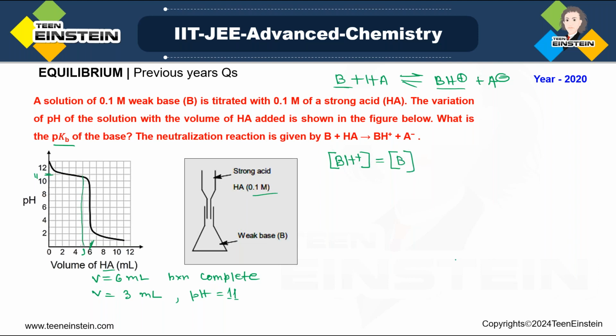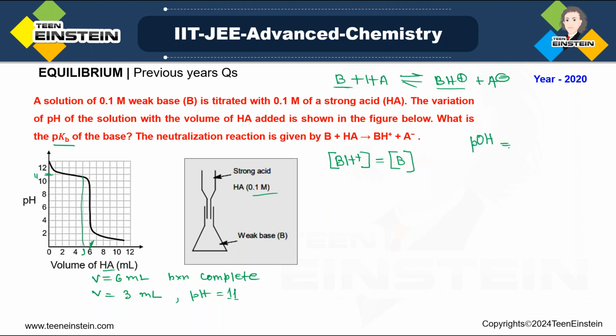Now these two are present in the medium, the base and the corresponding conjugate acid. So you can consider this mixture as a buffer mixture, that is, a weak base and its corresponding conjugate acid. Now for a buffer mixture, we can write the expression like this.